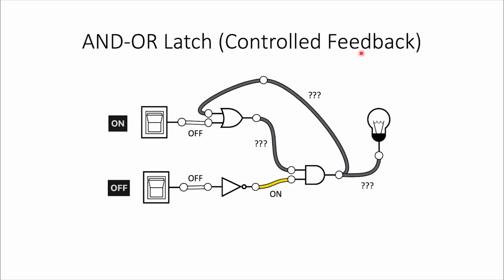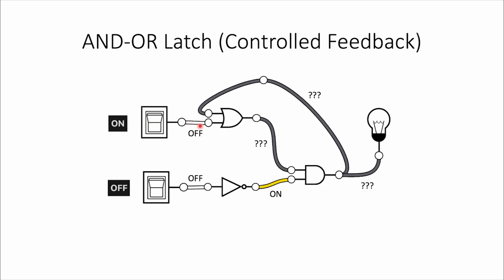So let's look at this circuit. We have two switches, one called on and one called off, and I'll explain what these mean in a bit. Then we have wires going into an OR gate, a NOT gate, and an AND gate. So right now, if you take a look at the circuit, there are a bunch of question marks, as before. Let's see why. This ON gate is feeding a 0 into this OR gate.